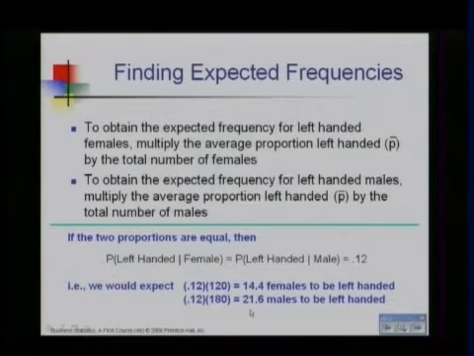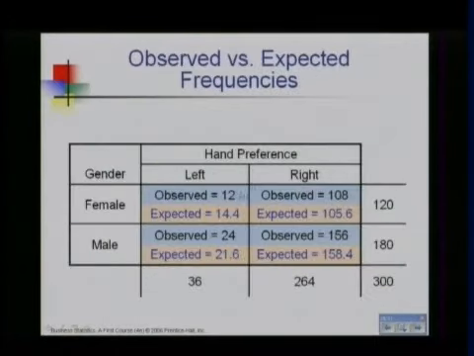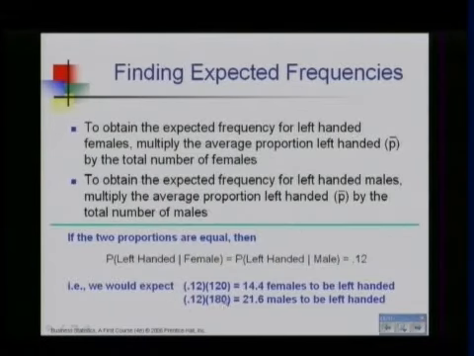So those are my expected values for 2 of the cells in my table. So I go up here and I put those in the table. You see those are in the first column here, corresponding to left-handed. And the other expected values that I need to find can also be found in a couple different ways. Either I can take 1 minus the 0.12, which would be 0.88.